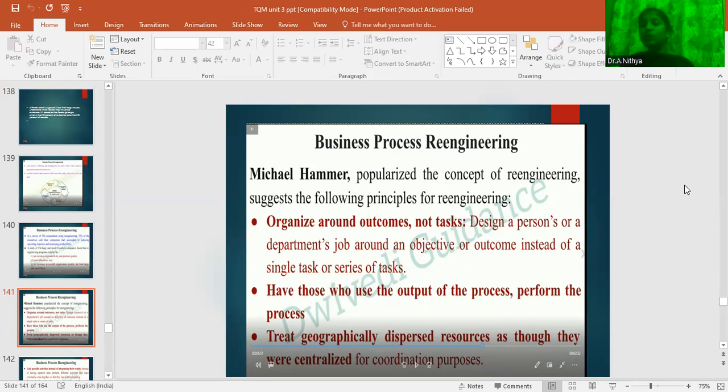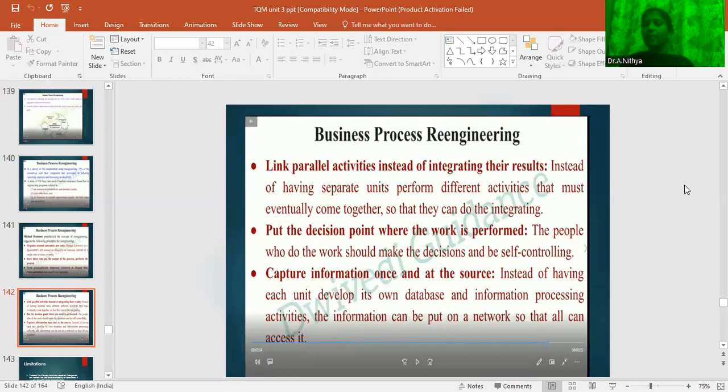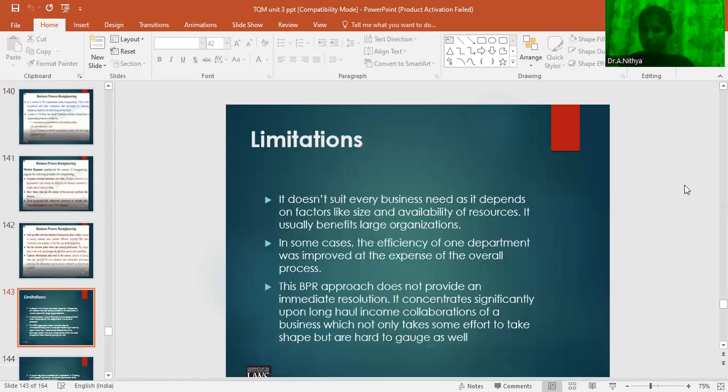Then have those who use the output of the process perform the process. Create geographically dispersed resources as though they are centralized for coordination purpose. Then link parallel activity instead of integrating their result. Put the decision point where the work is performed. Capture information once and at the source.